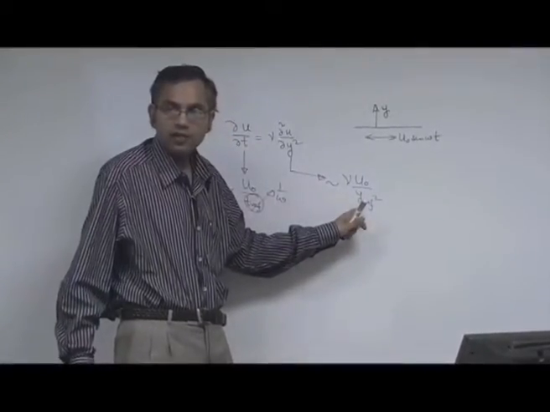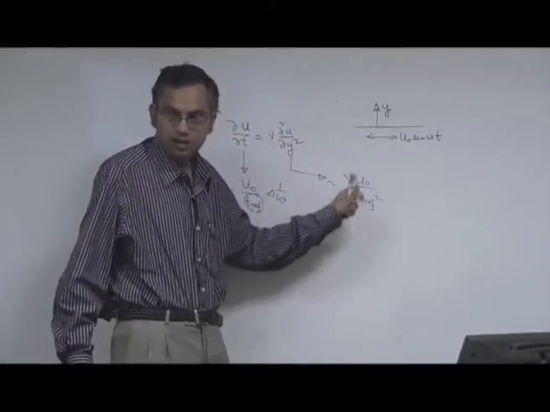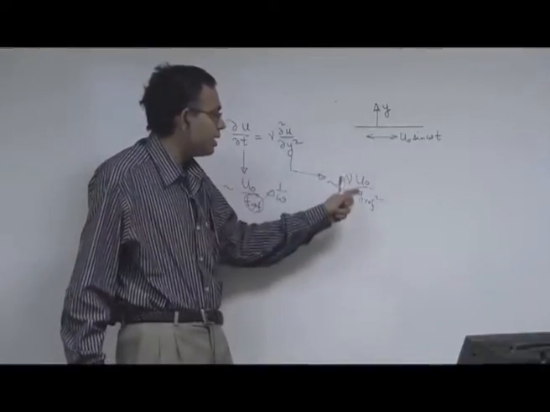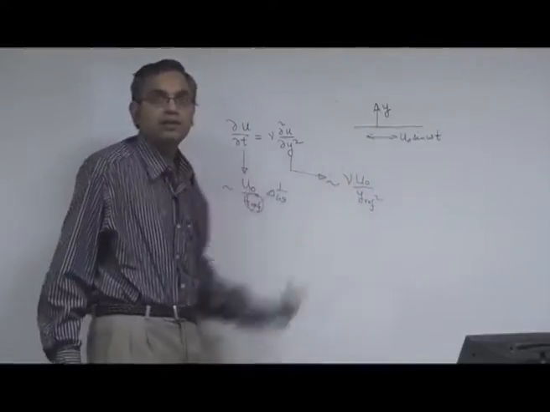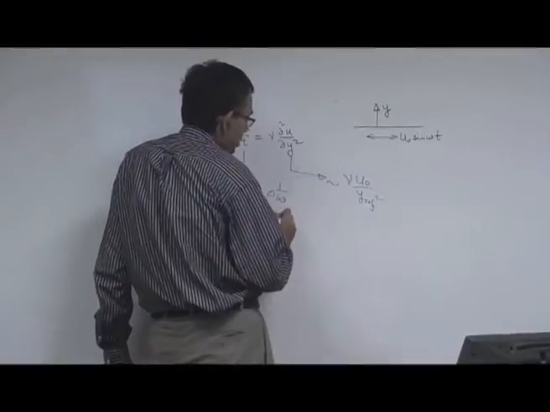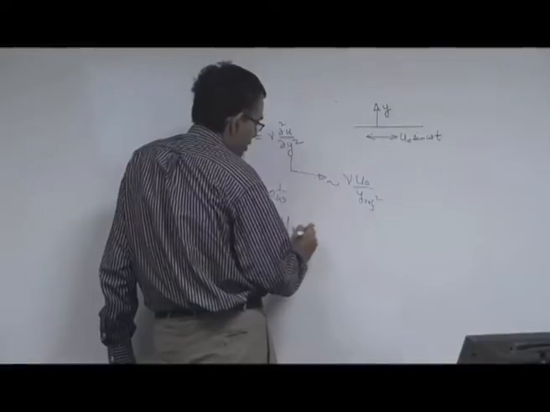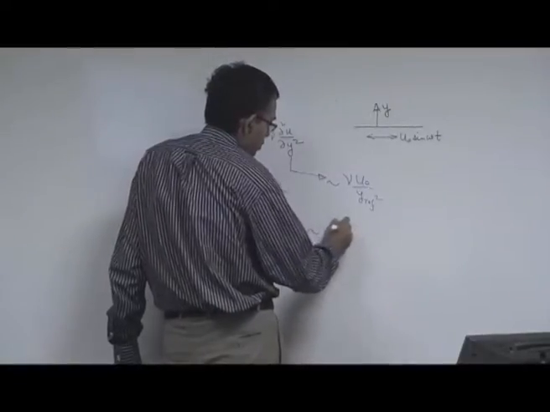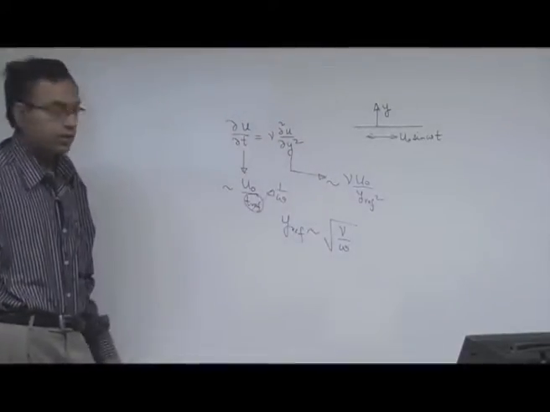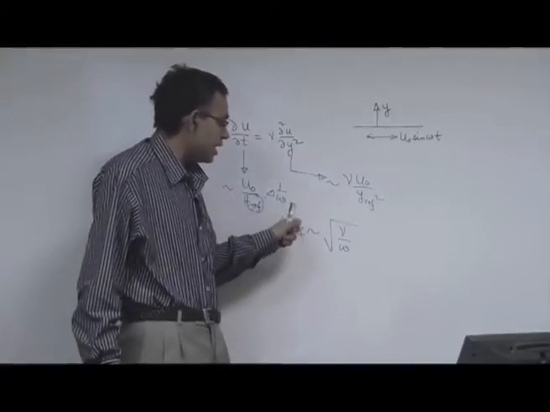We have to keep in mind that there is no natural length scale along y for this particular problem, because there is no confinement, but the length scale will come from the physical parameters. So, if you equate the scales of these two terms, then you are left with y reference of the order of square root of nu by omega. So, this becomes a physical length scale along y.